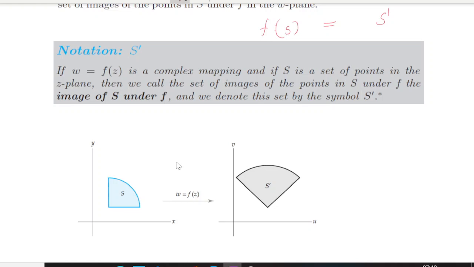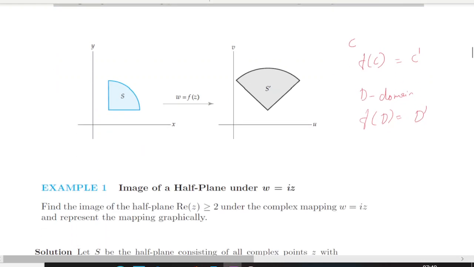In the same way, if C is a curve, we will represent f of C, the image curve, as C dash, and if D is a domain, then we will represent the image of this domain as D dash. This is the usual convention that we use when dealing with complex maps. Here is one figure.